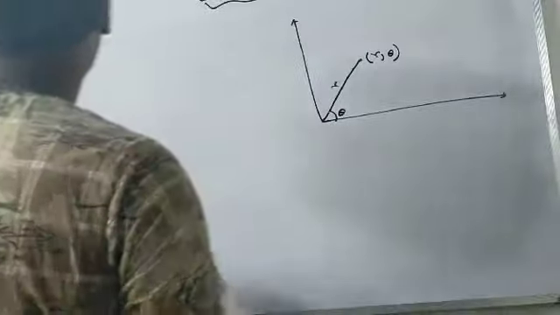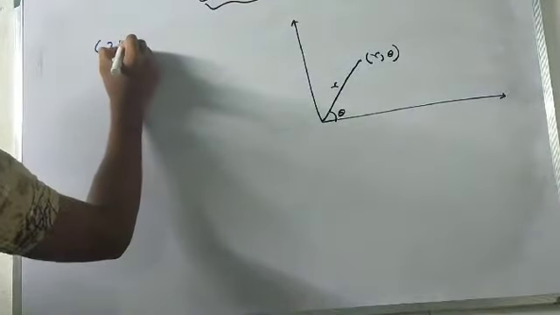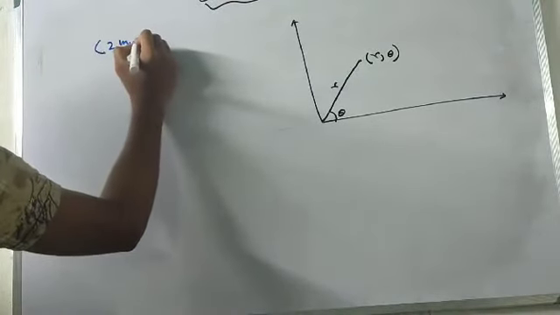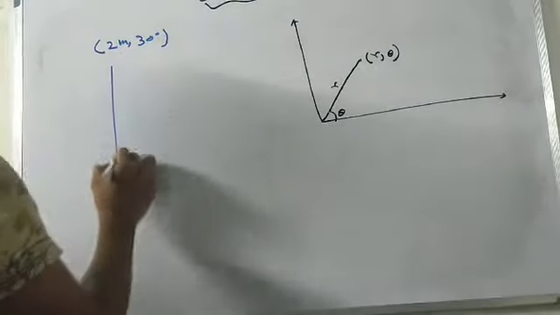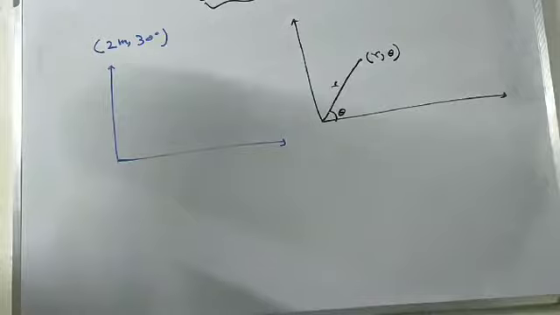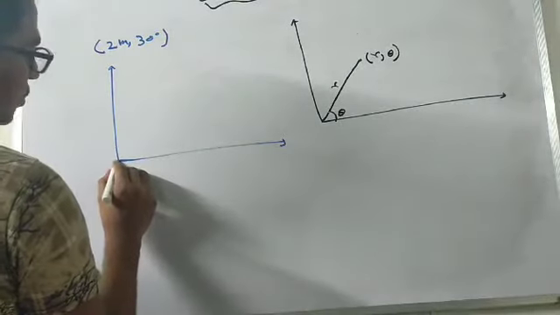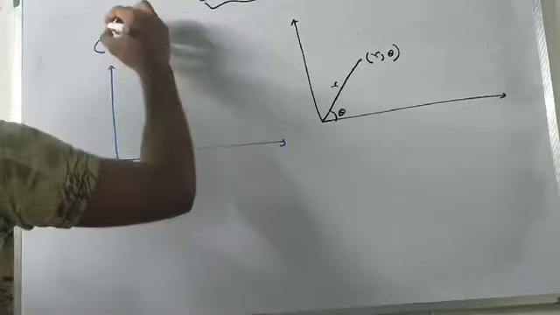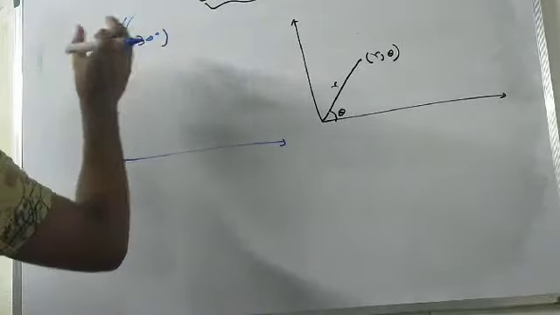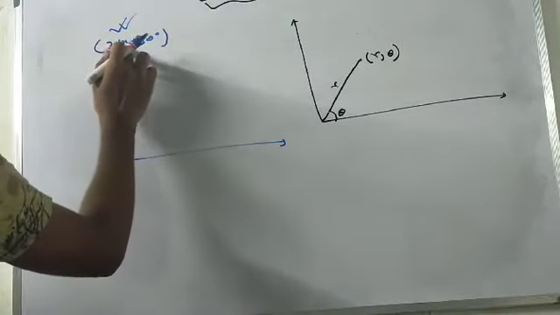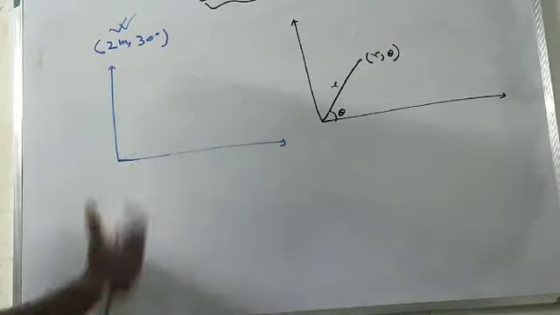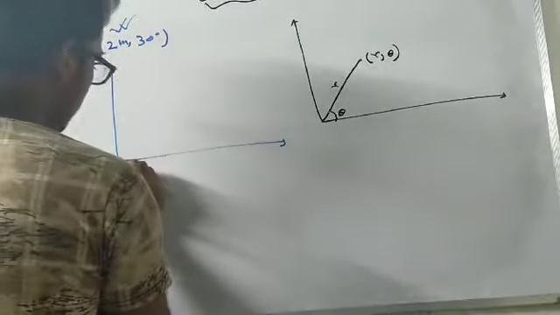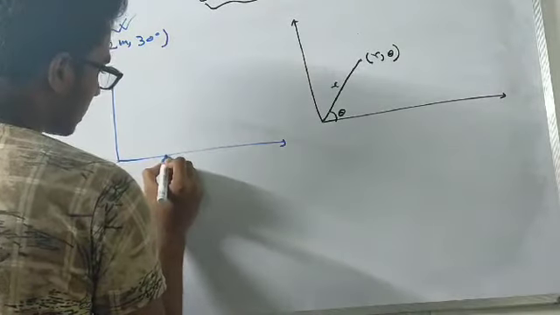Let's first understand an example. If I give you a point 2 meter comma 30 degree, how will I represent this point in the polar graph? At first, take a 2 meter distance from the origin along the reference line.